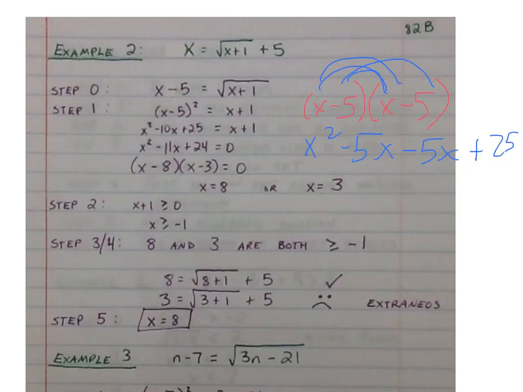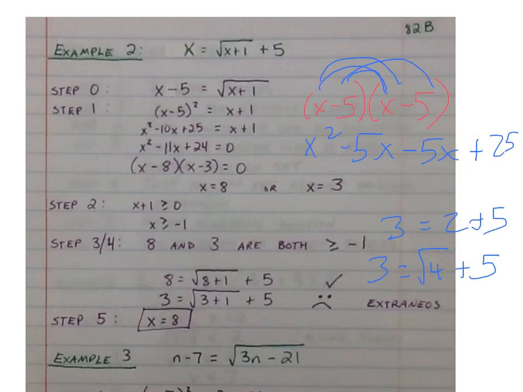Then we try with the 3, and we get 3 equals root 3 plus 1 plus 5. And we find that that does not check out, because if we evaluate that, we get 3 equals root 4 plus 5, which means 3 is equal to 2 plus 5. And that is not true. So that is called an extraneous solution, and we find x equals 8 is our only solution.